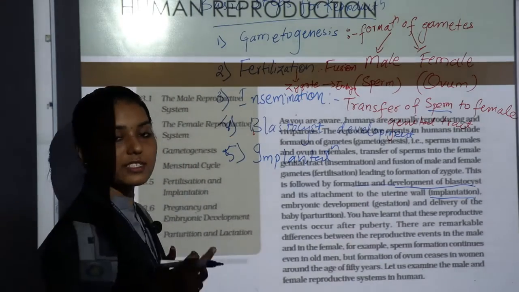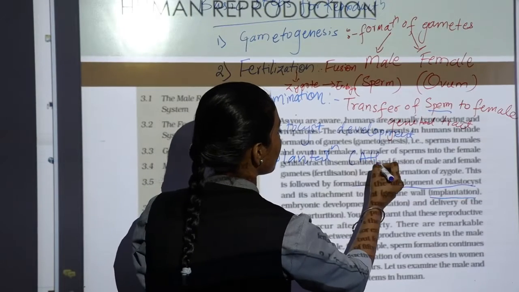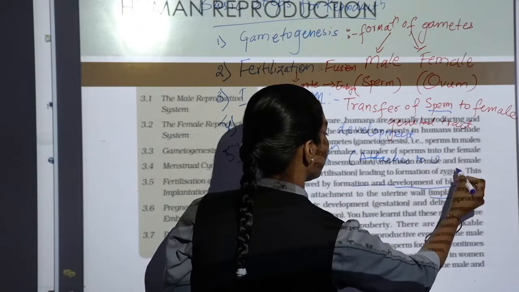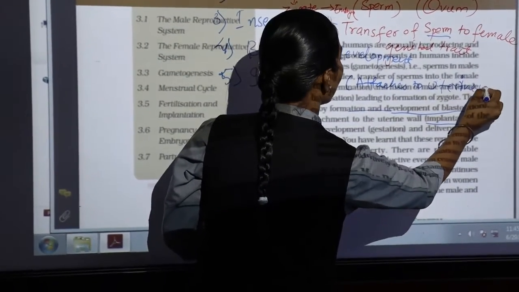The blastocyst that is formed attaches to the uterine wall.